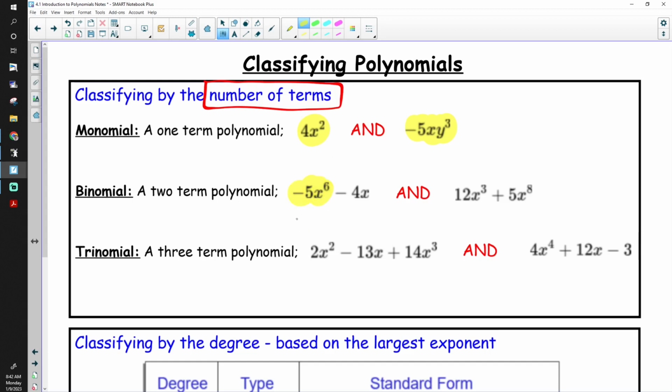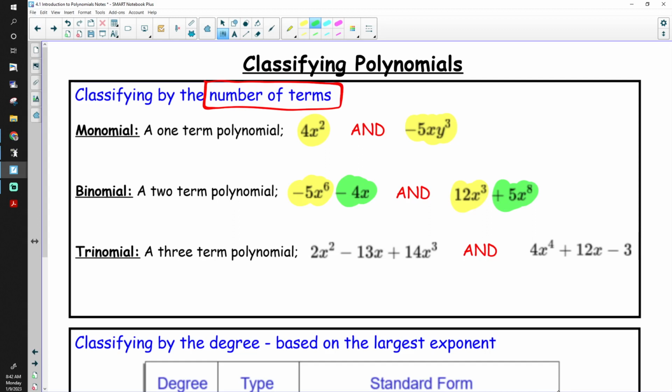In these two examples, we have two terms. Negative 5x to the 6th and negative 4x are two terms. It's a binomial. Same with 12x to the 3rd and 5x to the 8th. Two terms. Binomial. Okay, I know this is getting repetitive.